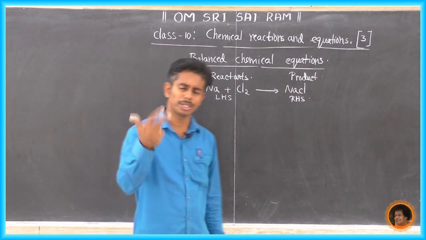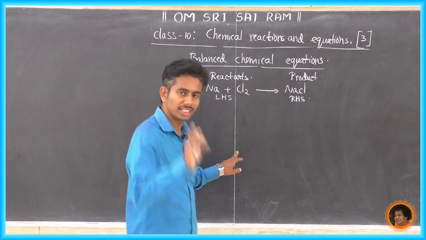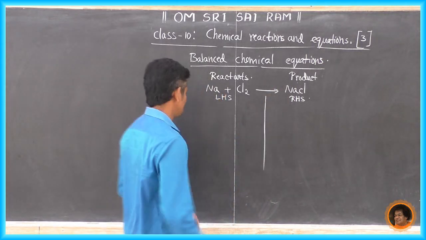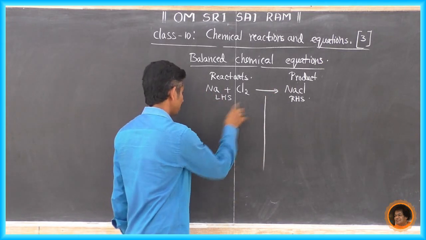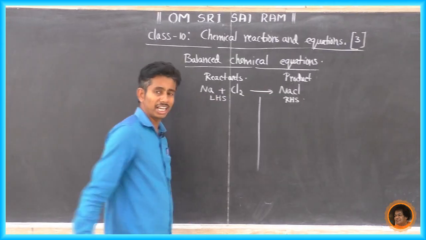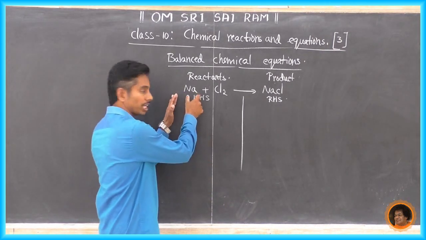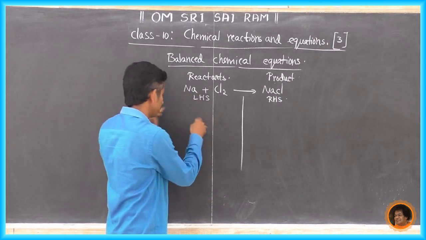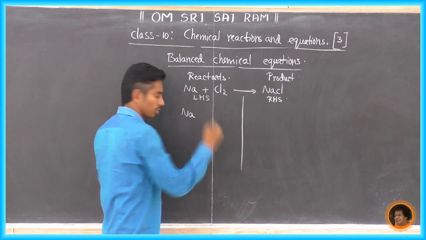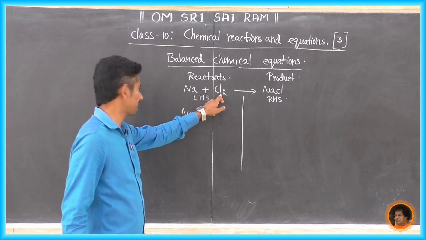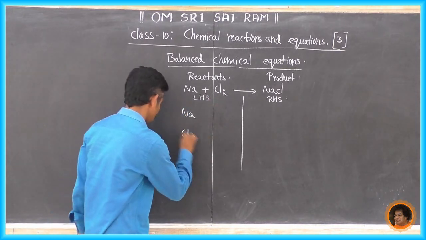So how do we balance the equation? There is one simple method. Just look at this. Make two parts. On the left-hand side, write every element. Which are the different elements present in the reactant part? First one is Na, sodium. Write down Na. Another element present in the reactant part is chlorine, so write chlorine.